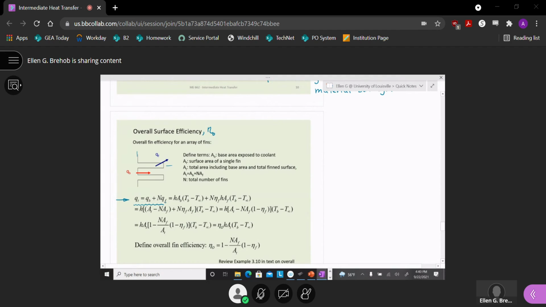So this says we want to look at the amount of heat removed from the total surface, and that's going to be what they call the rate of heat removal from the base. So in this case, it's all this area in between the fins.